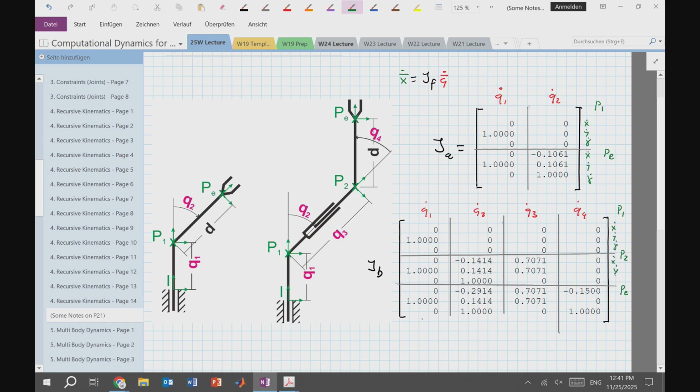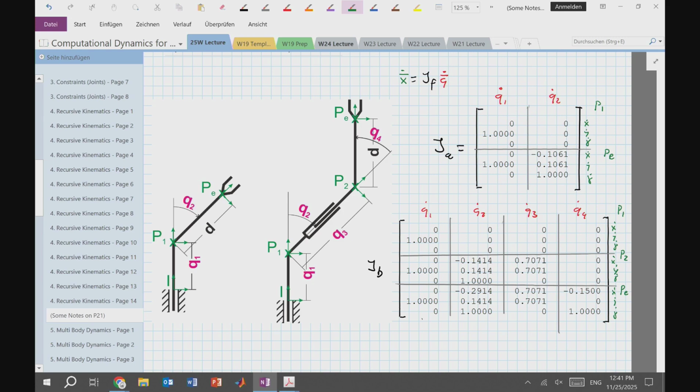Same idea: translation to the right, translation vertically upwards, and rotation. That is the first thing, how you should read a Jacobian.